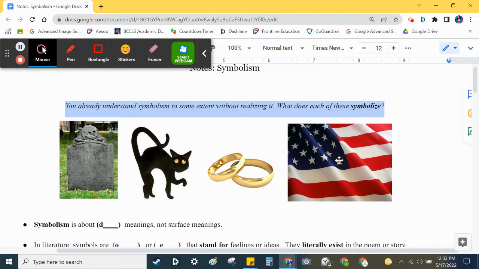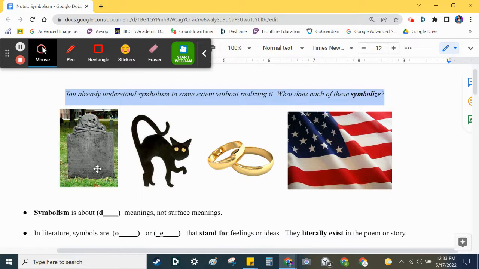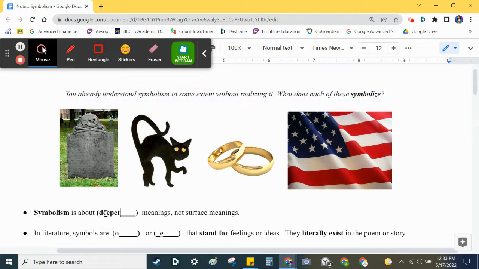American flag, when you see that, it stands for or symbolizes things like freedom. If you see a headstone, it stands for or symbolizes death, right? So when we talk about symbolism in writing, it's important to know that symbolism is about deeper meanings, not surface meanings.